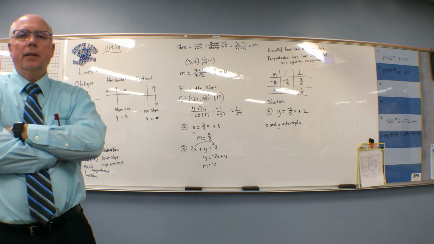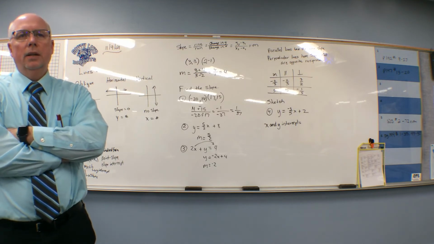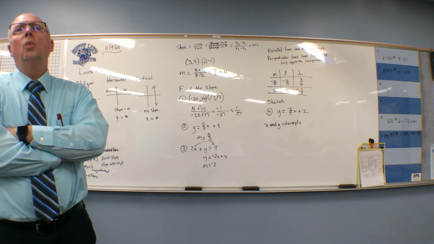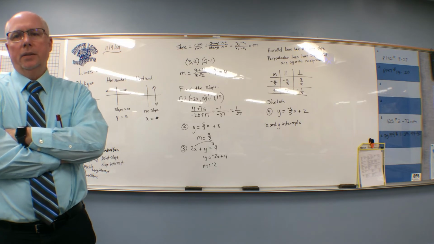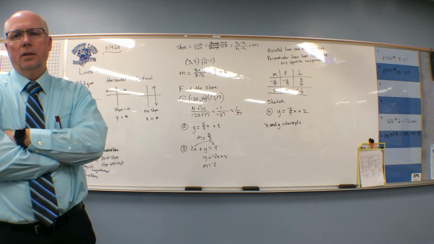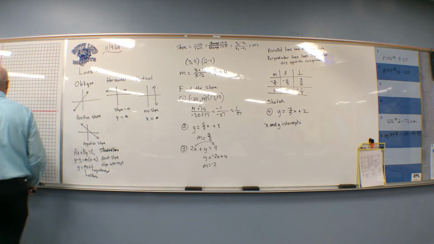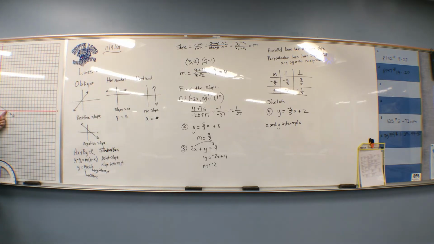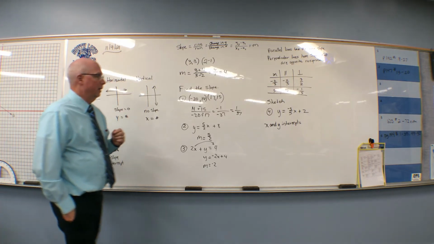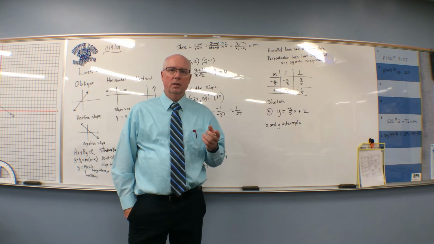What is the y value at an x-intercept? If I'm touching the x-axis, this point right here, see where it touches the x-axis? At 0. Okay, so what do you think a y-intercept is?